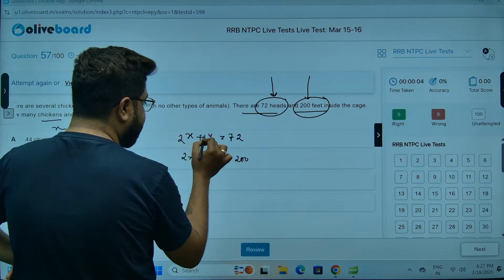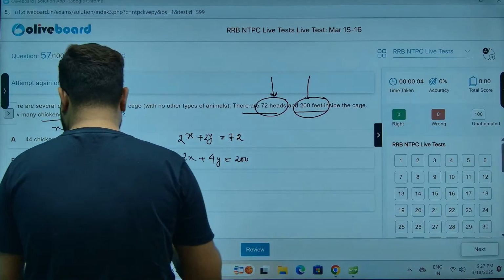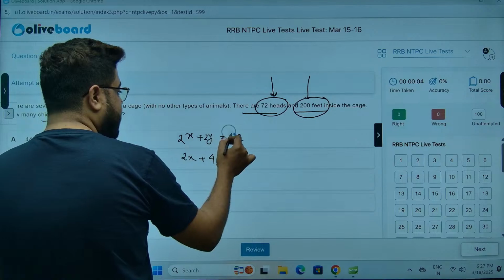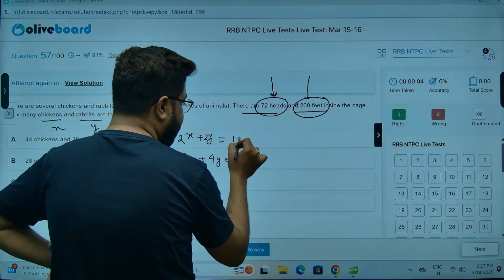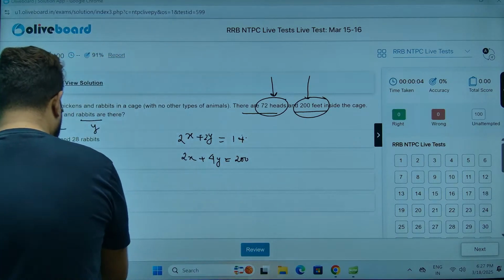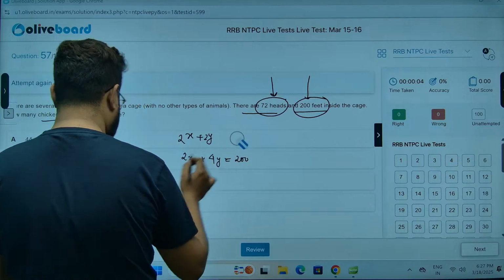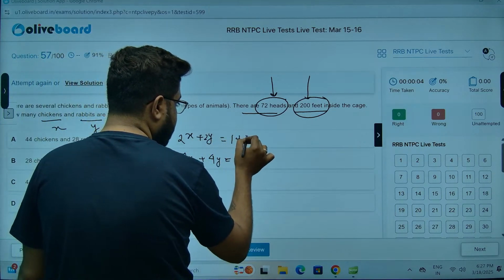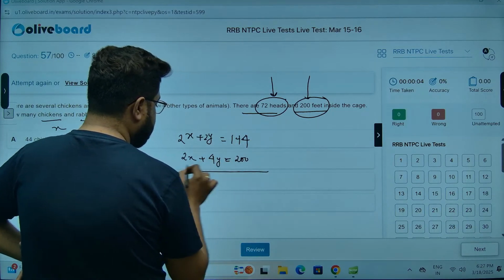Sir, multiply the equation by 2. Multiply this particular equation by 2. So this will become 144. Look what happened here. Subtract.